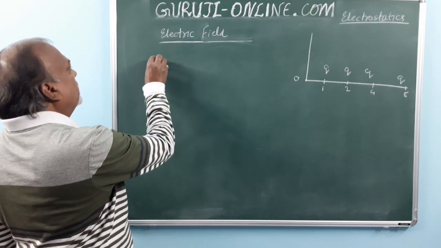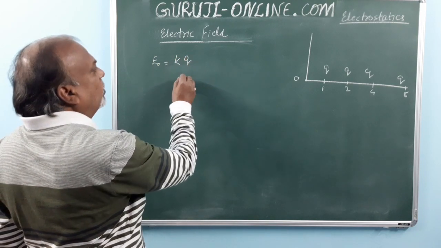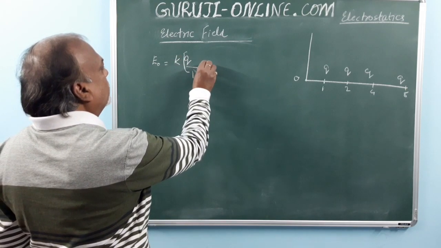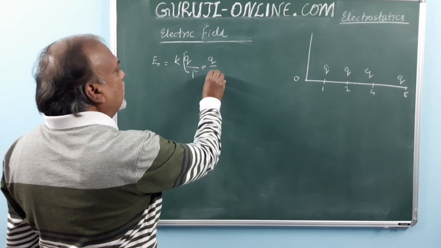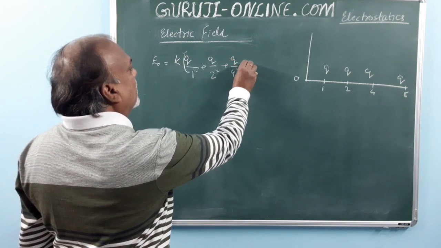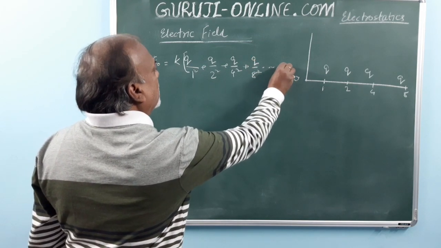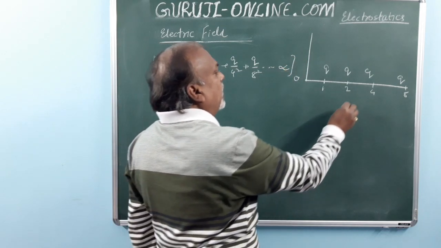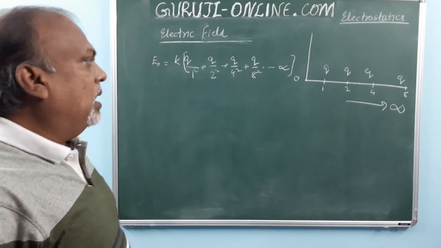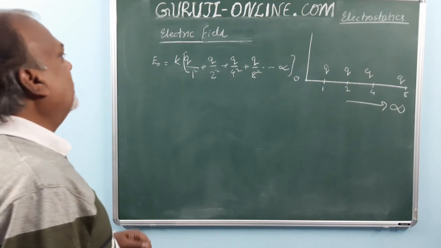So in this case also it is KQ upon 1 square plus Q upon 2 square plus Q upon 4 square plus Q upon 8 square, like that. It is up to infinity, because these charges are going up to infinity, or a definite amount of charges can be given. Any type of question can be asked.